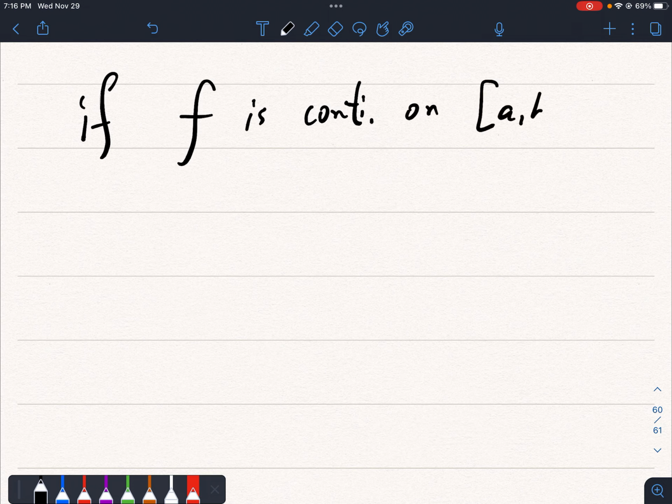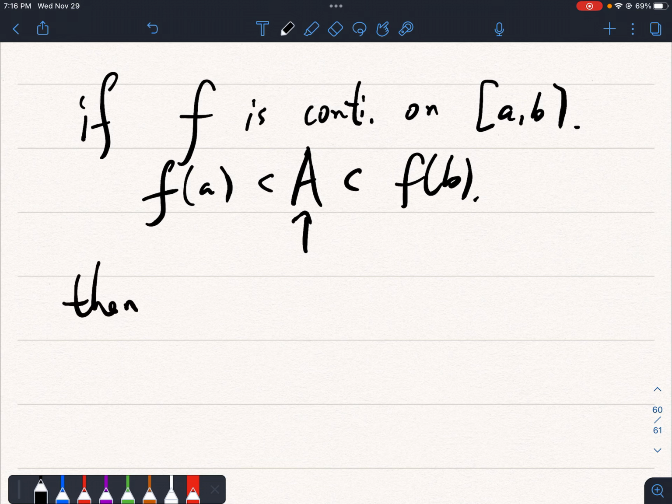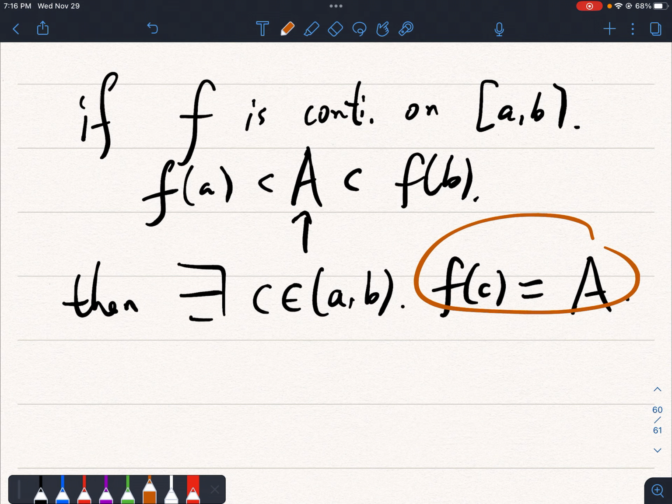Which means if f is continuous on the closed interval AB, and let's assume that f of A is less than f of B, and we can find some a that is an intermediate value, then we can definitely find some c in the open interval such that the intermediate value is attained. So this is the intermediate value theorem.